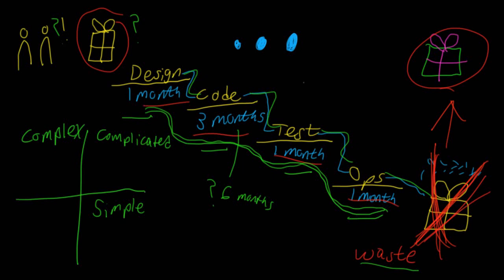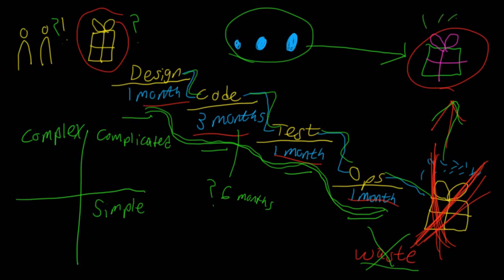And also, we don't know if customers are going to really want it. So through a more iterative and incremental approach, and we'll talk more about what that looks like in our next videos, we can really reduce our risk of creating this waste and help create more predictability and deliver what customers truly want so that they can be happy, we can be happy, and we can generate some revenue as a company.